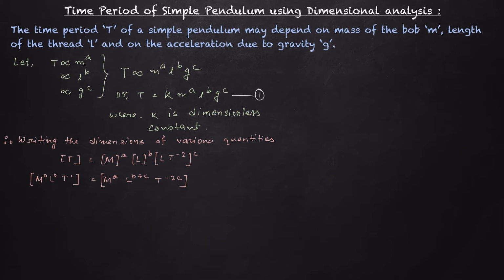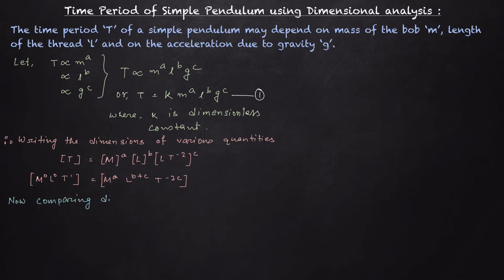Now I write the similar quantities all together, that is M to the power a, L to the power b plus c. In the second term the power of L is b, and in the third term the power of L is c, so it gives L to the power b plus c, and the third term is T to the power minus 2c.